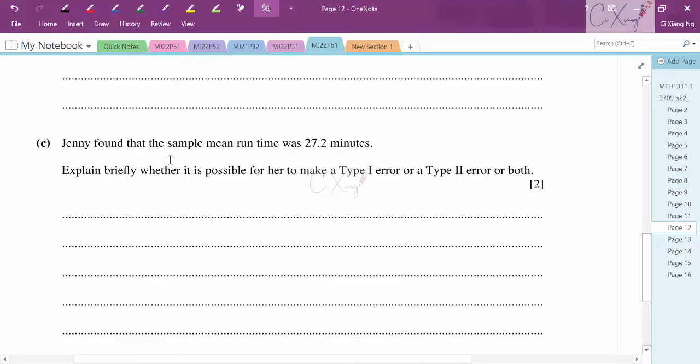Okay, so Jenny found that the sample mean run time was 27.2 minutes. They asked you to explain briefly whether it is possible for her to make a type 1 error or type 2 error. Okay, so our rejection region just now is sample mean smaller than 27, right?